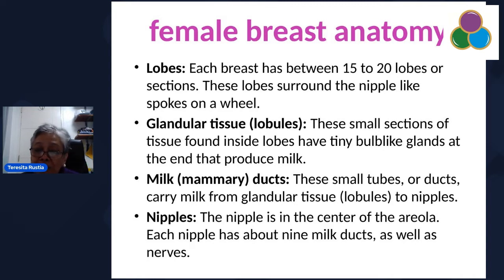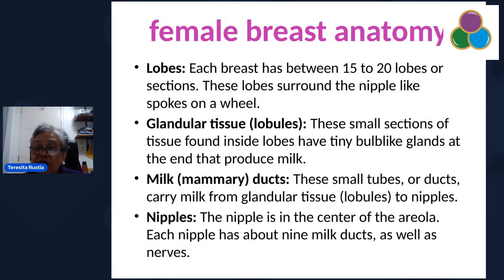Now, the mammary glands are actually connected to milk ducts or mammary ducts. These small tubes or ducts carry milk from the glandular tissue or from the lobules to the nipples. And the nipple, you find it at the center of the areola. The nipple has about nine milk ducts as well as nerves.